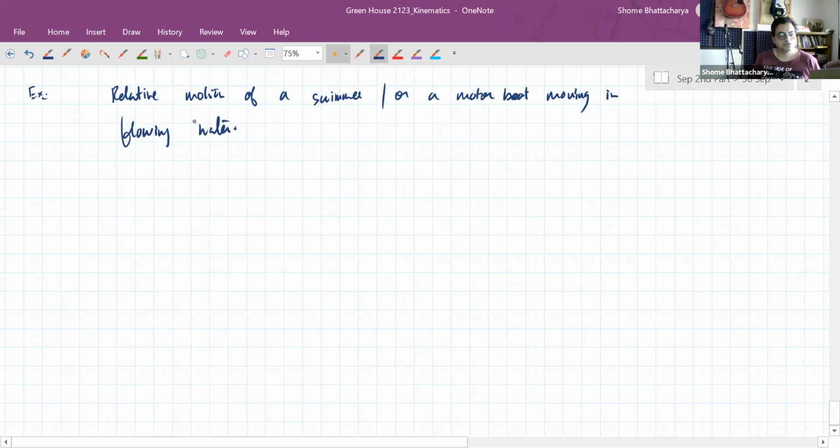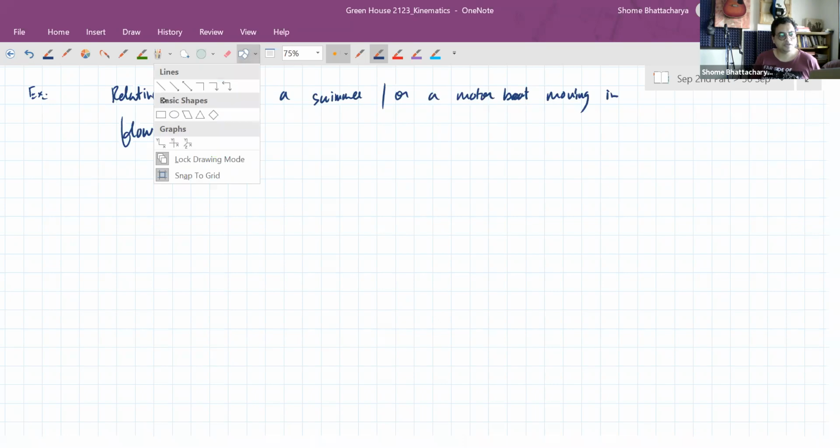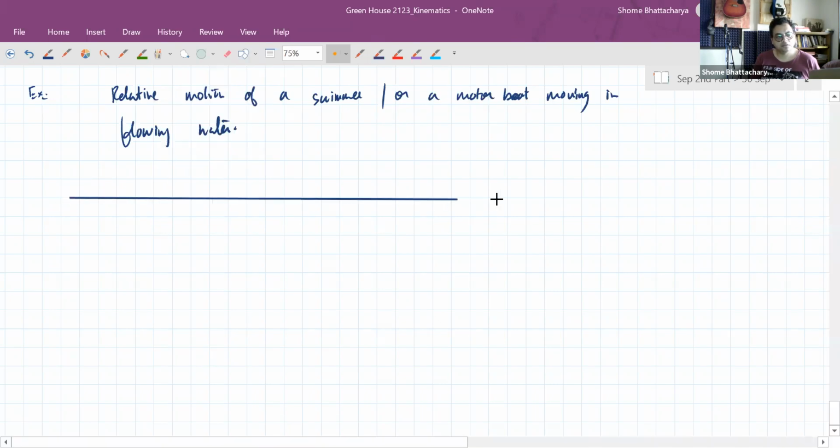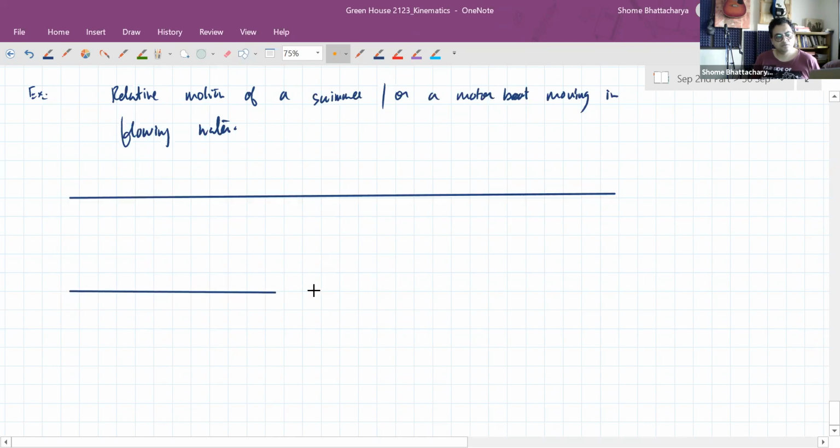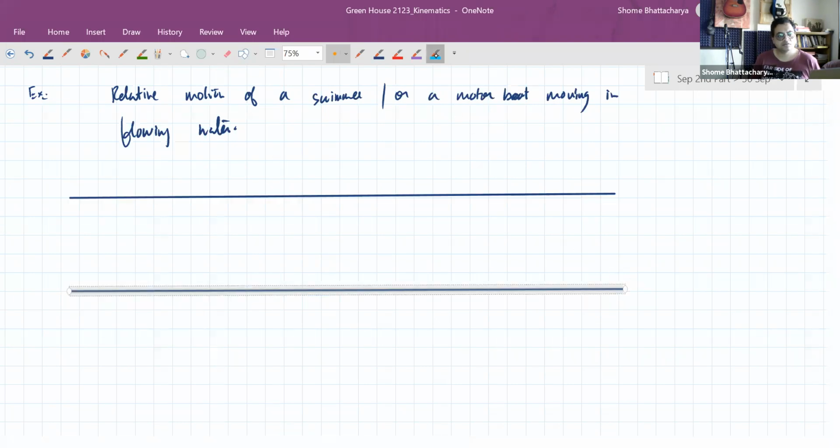So for example, suppose we have a situation like this, that there is a section of a river which is almost a straight line, and in this the water is flowing at a uniform velocity.